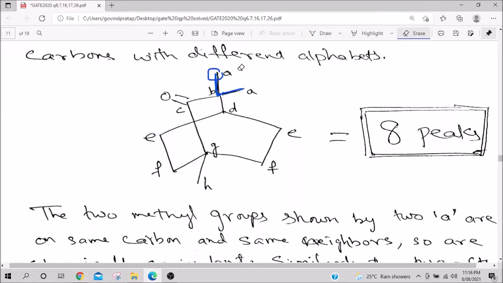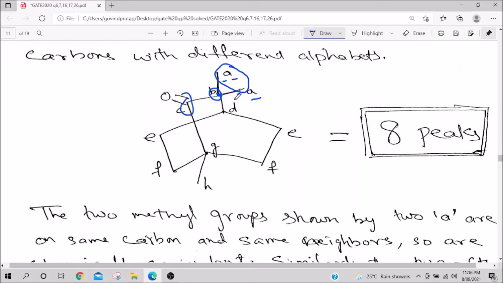Therefore, these two methyl groups are the same, so I am writing them as A and A. Now, look at B. B is of course different, a different carbon. So, the two A will show one peak, B will show one peak. Now I come to C, another carbon with carbonyl, so it will show another peak.